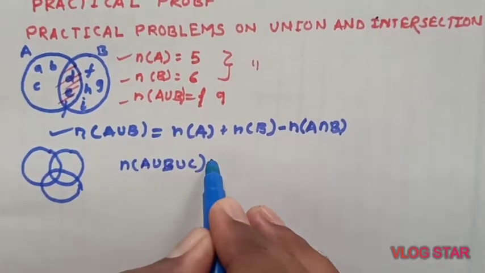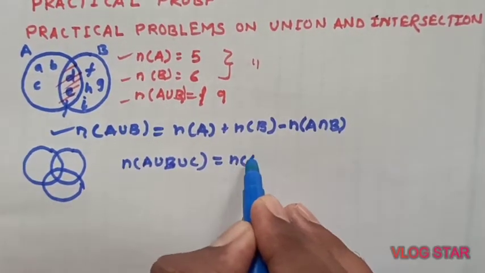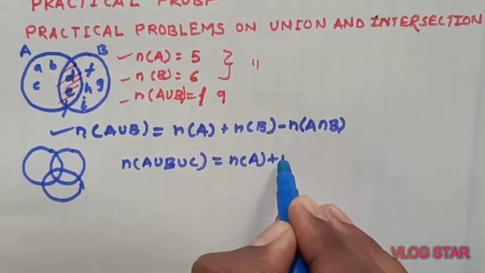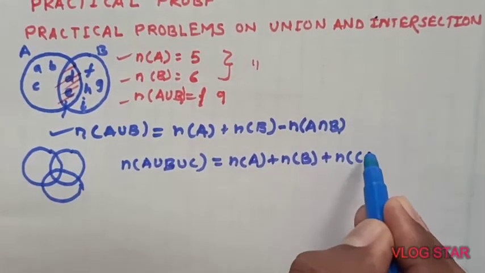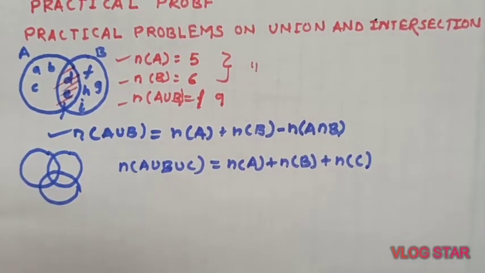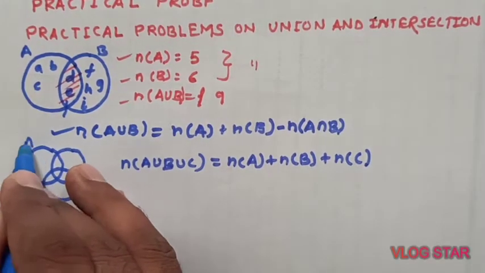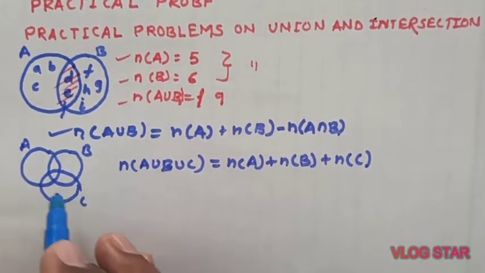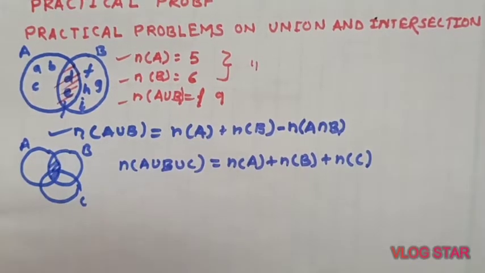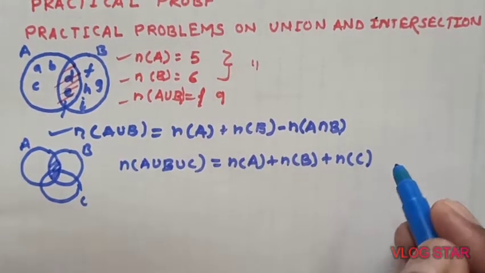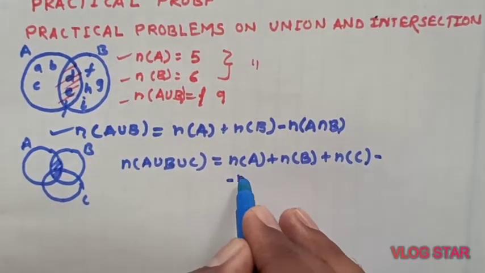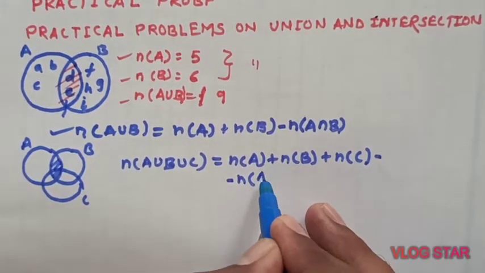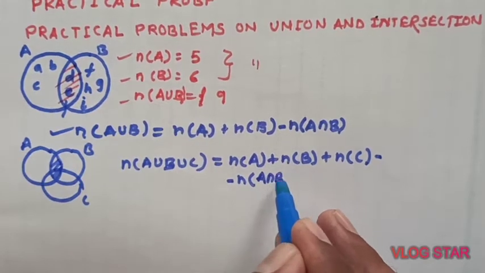The number of elements in A plus the number of elements in B plus the number of elements in C. Now what are we supposed to do? Repeated counting we have to cancel. So what is common in A and B? I will subtract the number of elements in A intersection B.